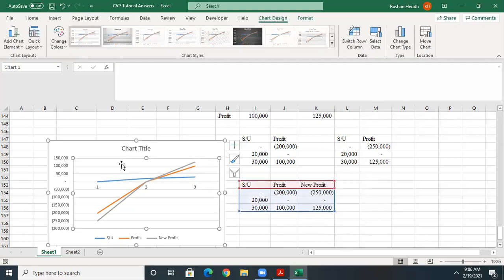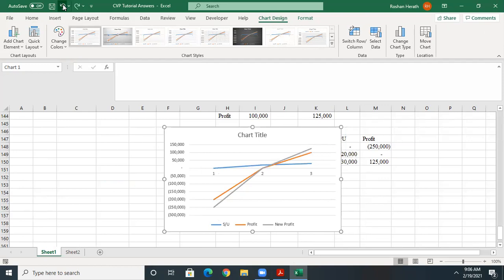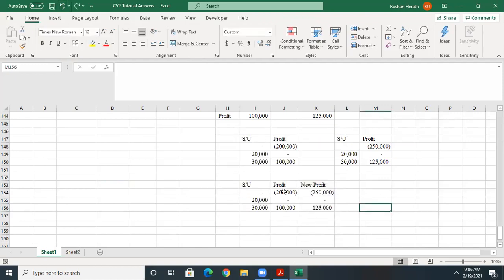Okay, let me try it. What if we select only the 2 dimensions?